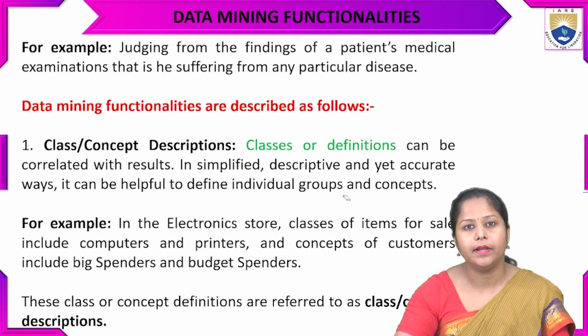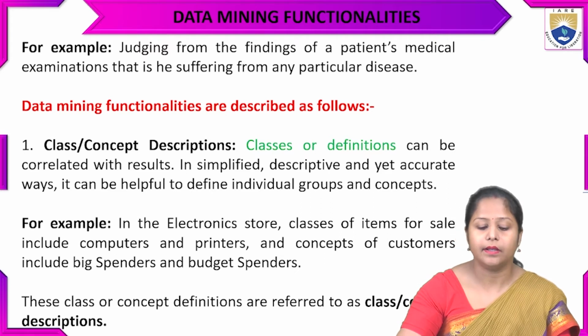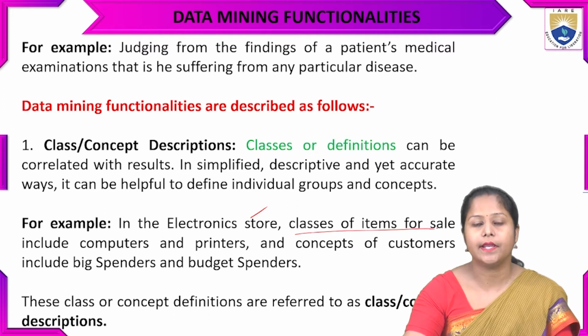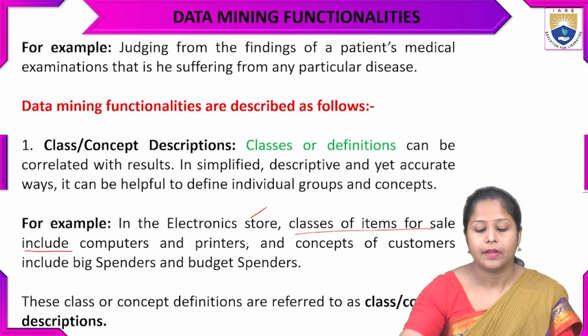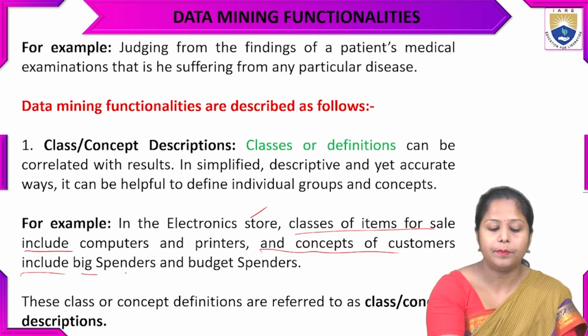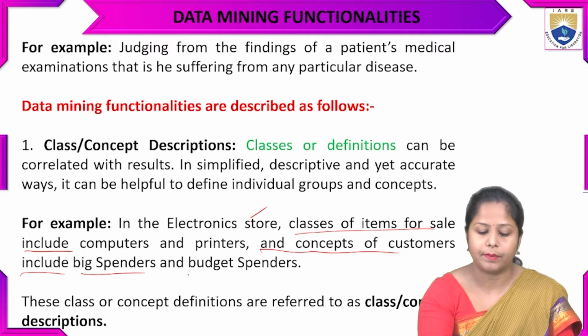For example, in an electronics store, classes of items for sale include computers and printers, and concepts of customers include big spenders and budget spenders.